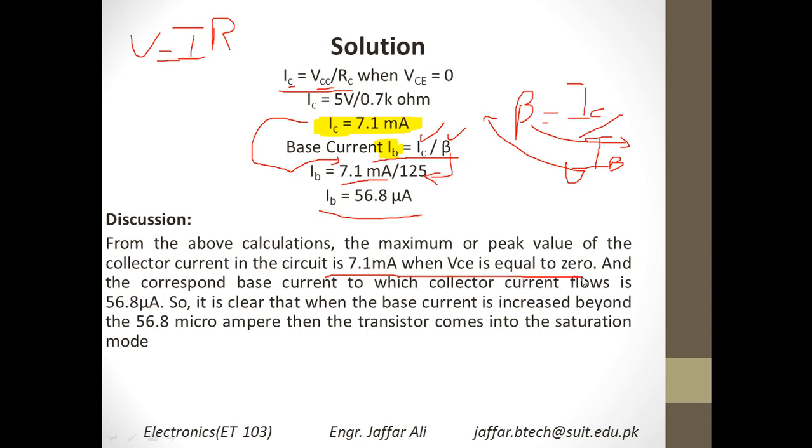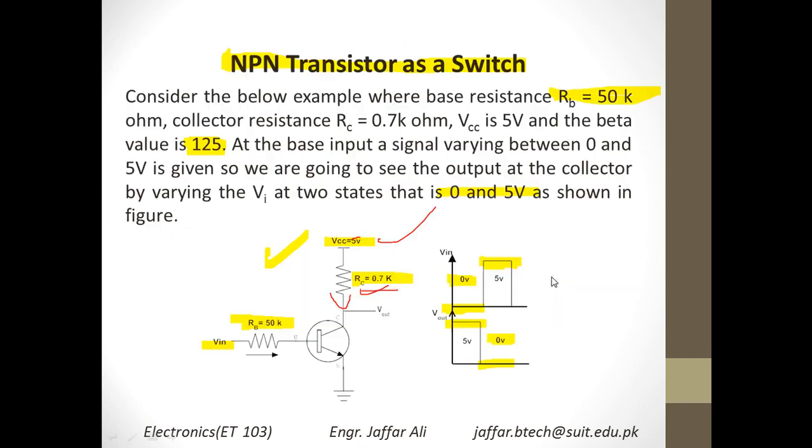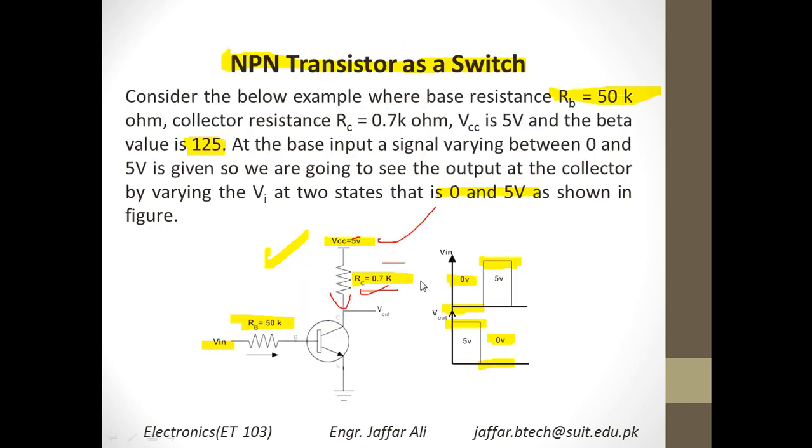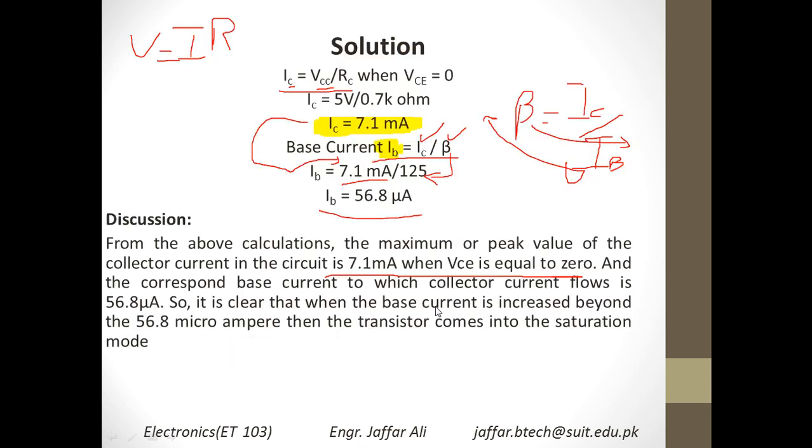So the VCE was 0, and this is your VCE, from this collector to this emitter, this voltage is basically your VCE. So when the value was 7.1 milliampere, the voltage was equal to 0, and the corresponding base current for which this collector current flows is 56.8 microampere.